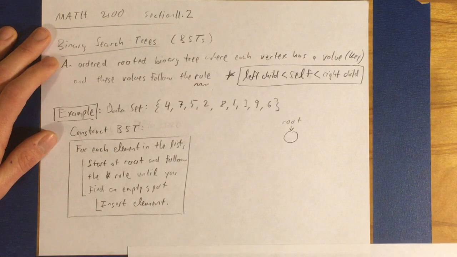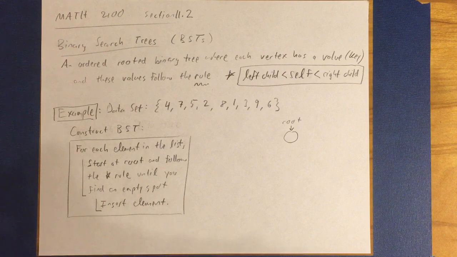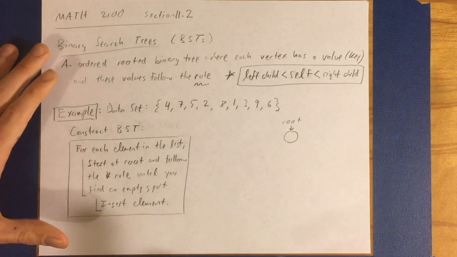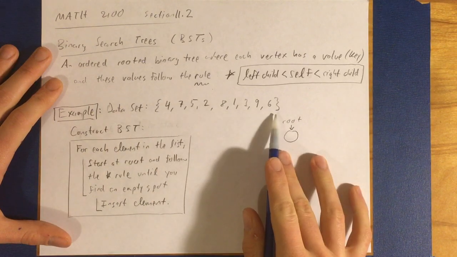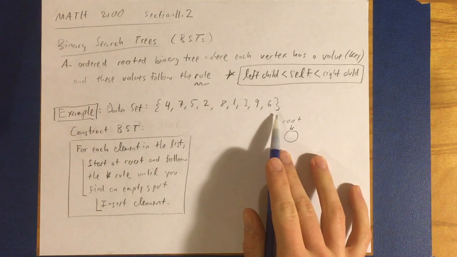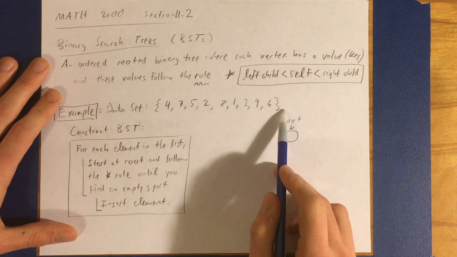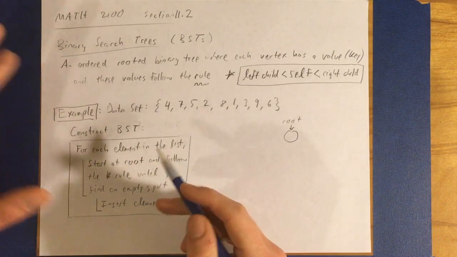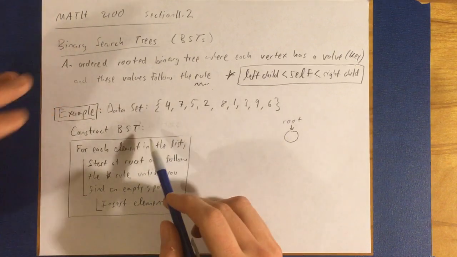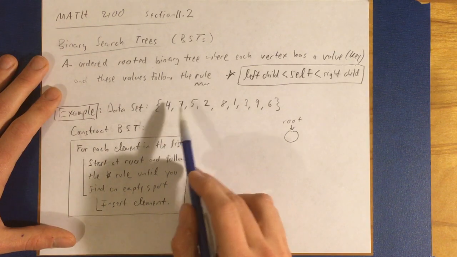The reason we'd want to do that is because we might want to store this data in a way that it can be quickly retrieved. If you just have the data stored in an array and you want to find a particular element, like the element 3, there are lots of different ways to search an array, but the most common is a linear search, where you start at one end and say, is that 3?